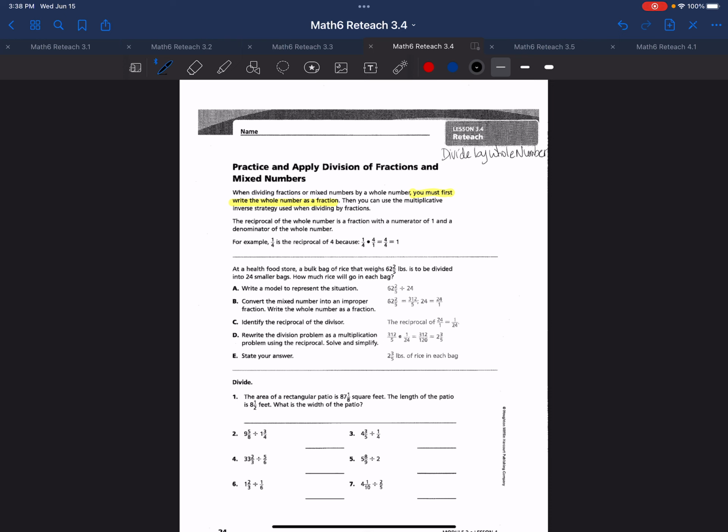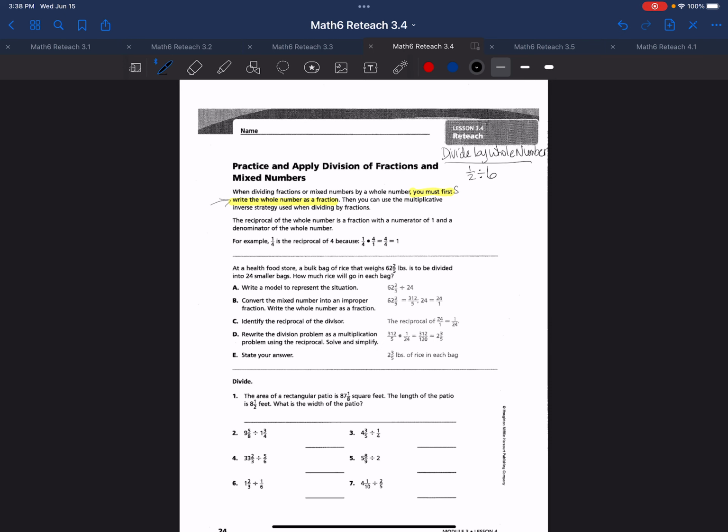So let's say you have the expression 1/2 divided by 6. 6 is a whole number. So step 1, just like it says here, we have to write the whole number as a fraction. And to write a whole number as a fraction, we just divide it by 1.